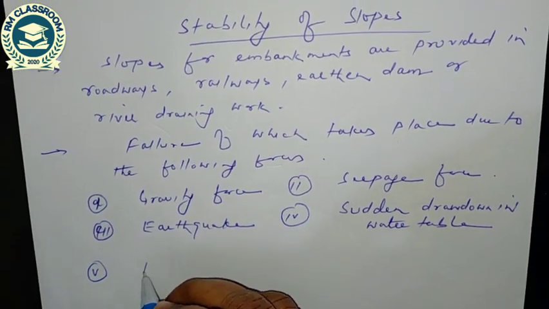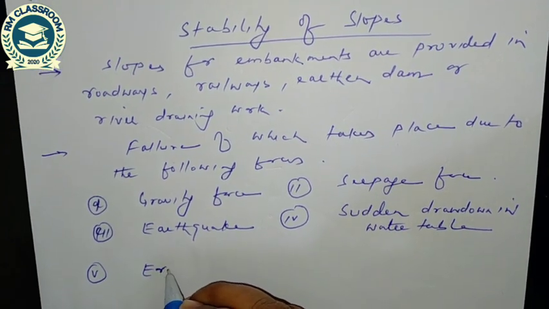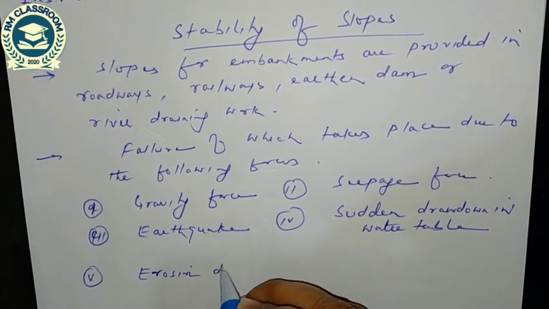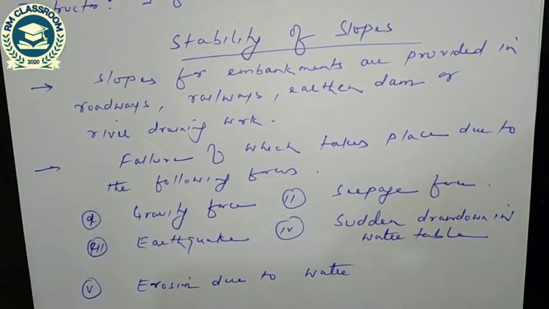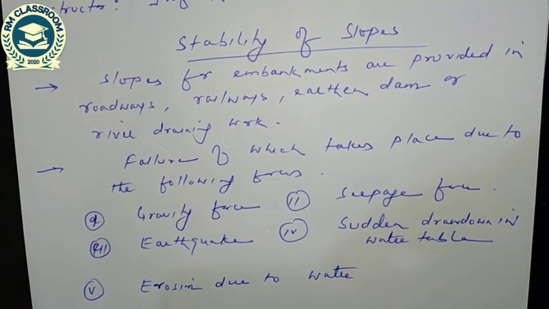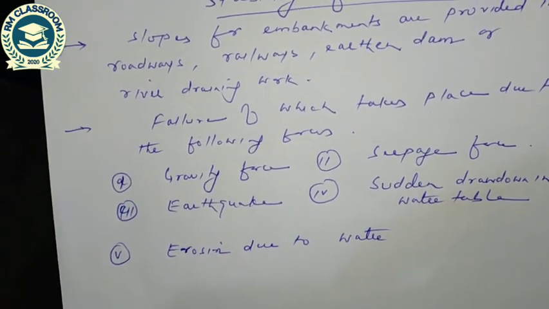Next one is erosion due to water. So these are the various forces that will be responsible for the failure of slope.